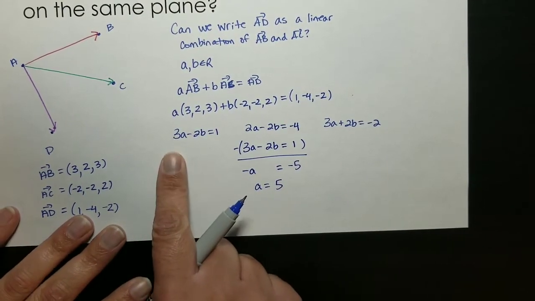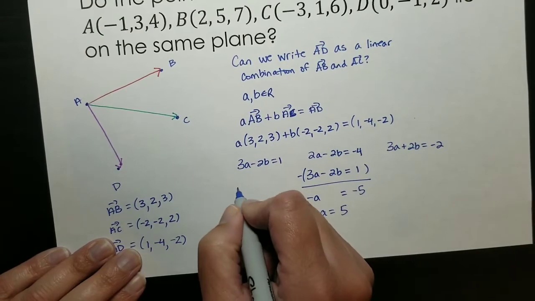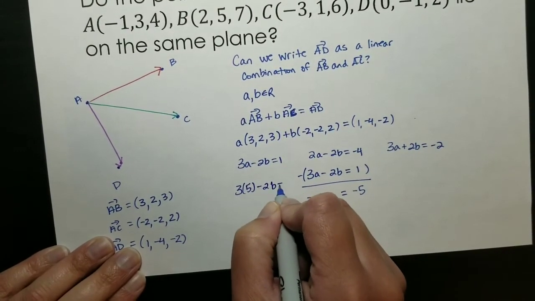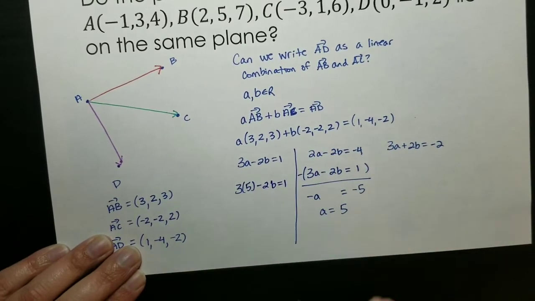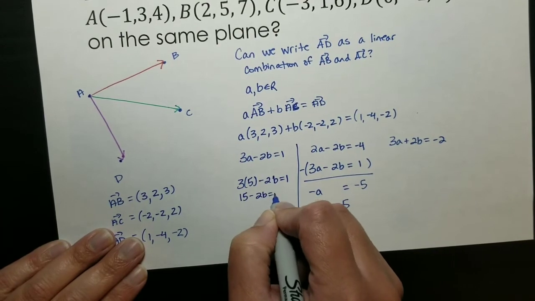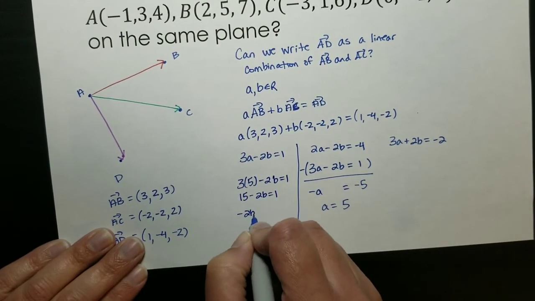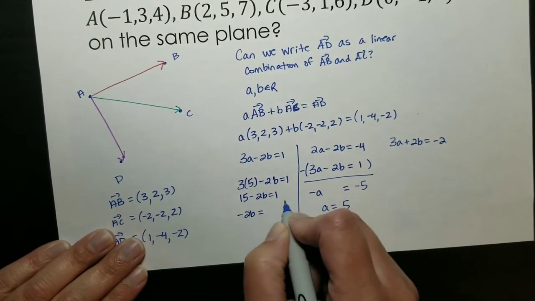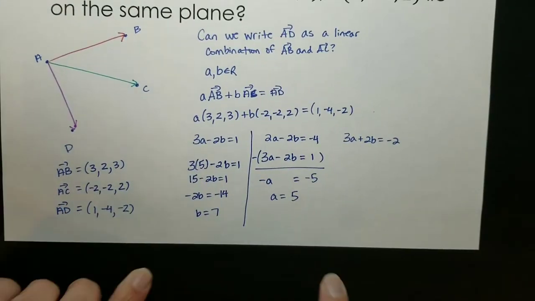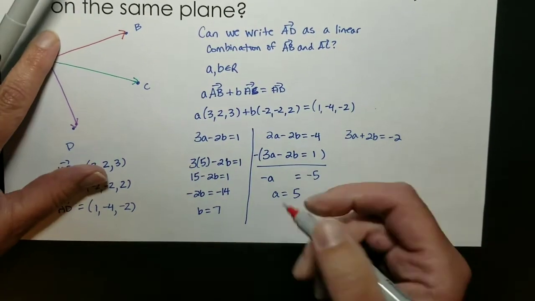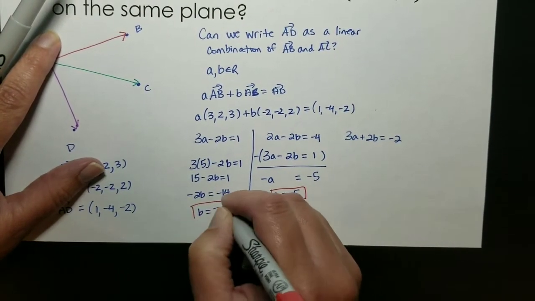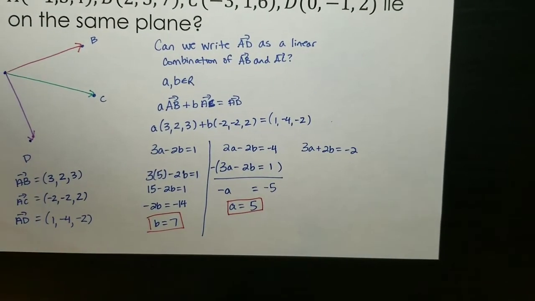Then if I pop that in this other equation, 3 times 5 minus 2b equals 1. So 15 minus 2b equals 1. -2b equals, bringing that 15 over, -14. So b is 7.